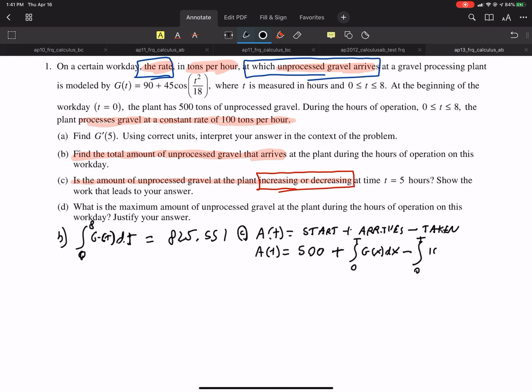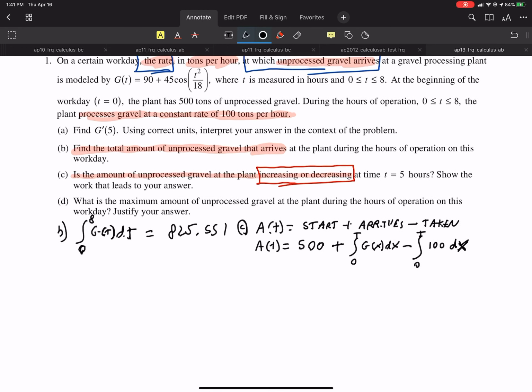Now I know some of you are bothered, there's no variables in there. You're used to variables or functions. 100 is a function, it's just constant. So don't let it bother you that it's just 100. So to find out if increasing or decreasing, we already said we need the derivative, so we're going to find the derivative of this. The derivative of 500 is 0. Now here, we're taking the derivative of an integral from a constant to our variable t.